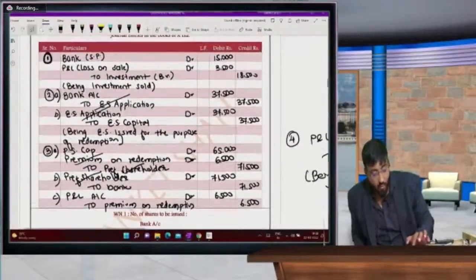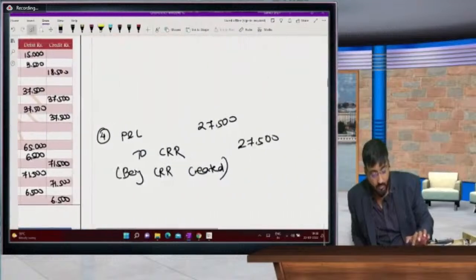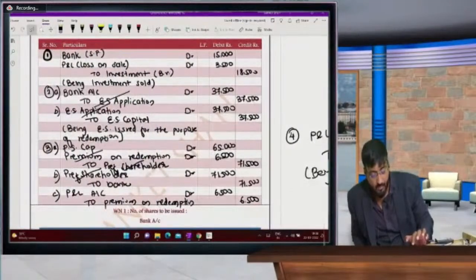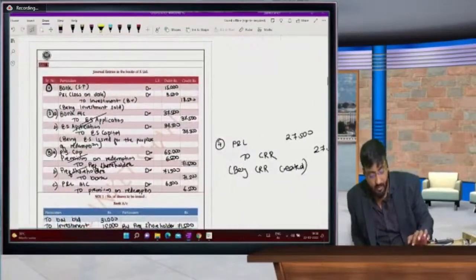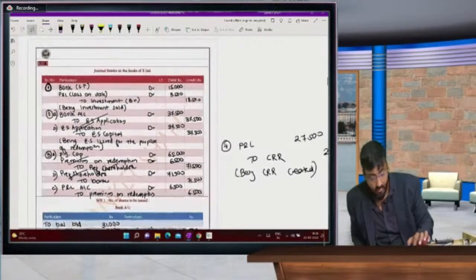I'm going to solve this problem thoroughly. I just want to show you how balance sheet is updated.